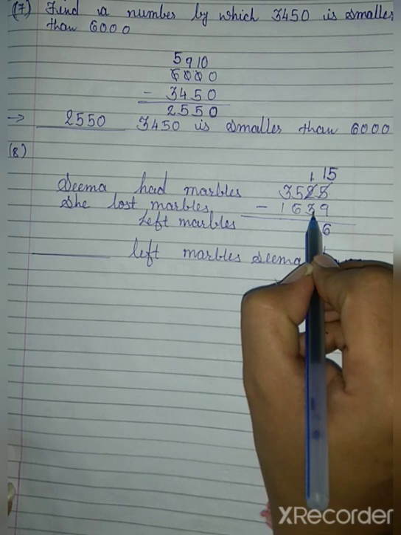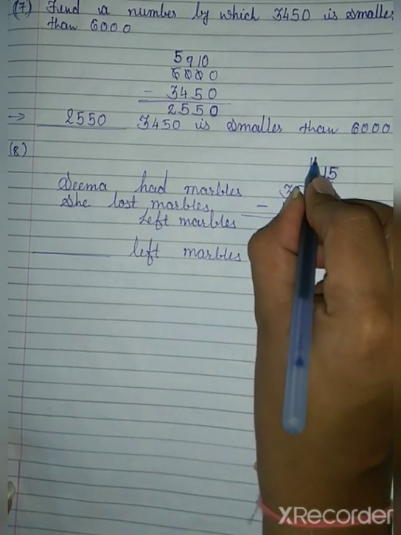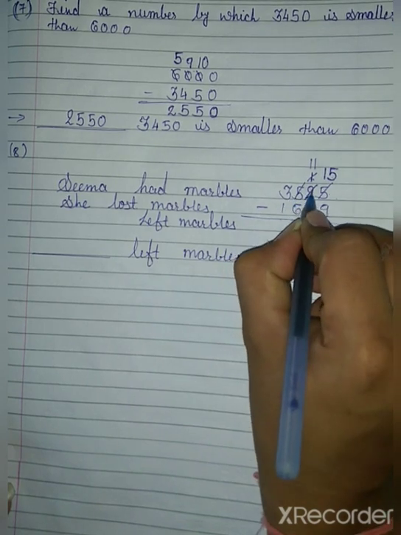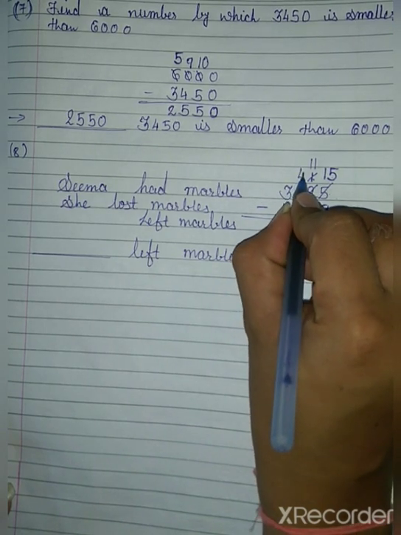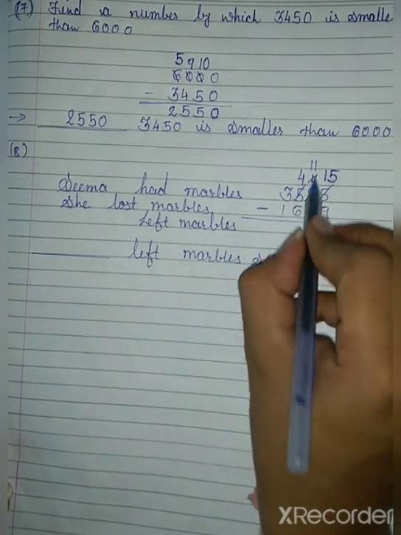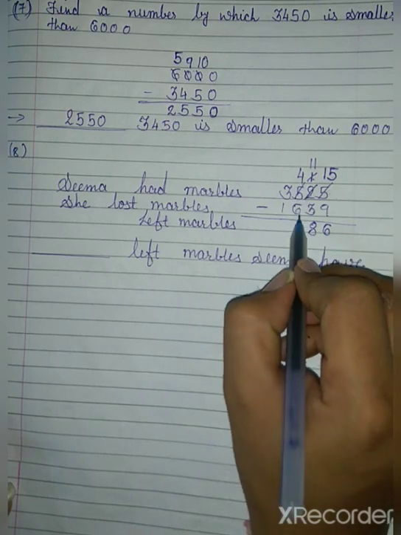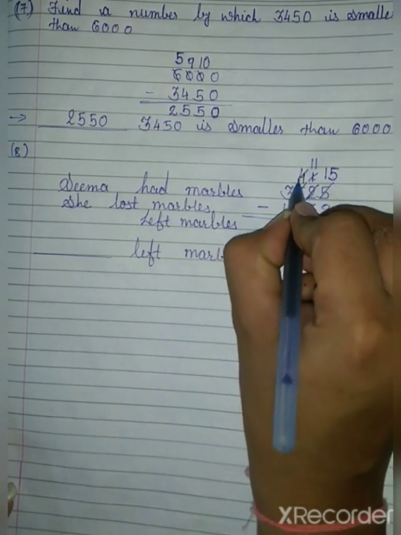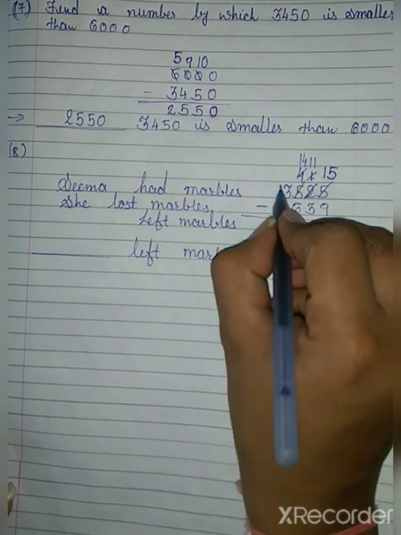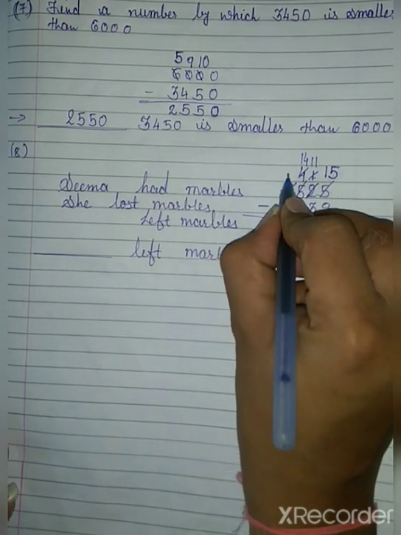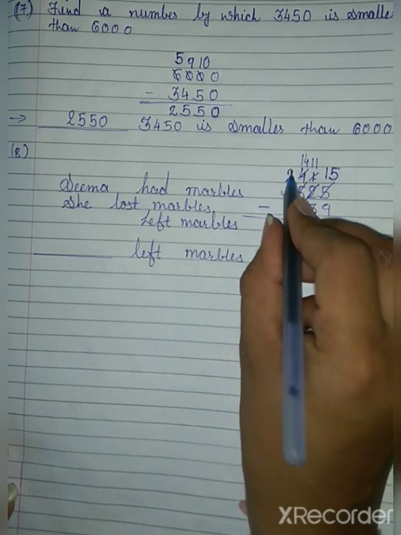1 में से 3 नहीं जाएगा, that's why we have to take a borrow second time. So 11 put here, and here we are taking a borrow, that means we have to subtract one value here. 11 minus 3 is equal to 8. 4 minus 6 is not possible, that's why we have to take a borrow here, that means 14, and in the next position we have to subtract 1 from there, that means 3 minus 1 is equal to 2.